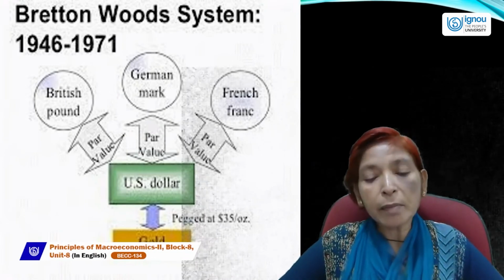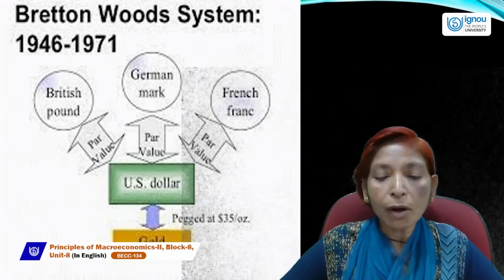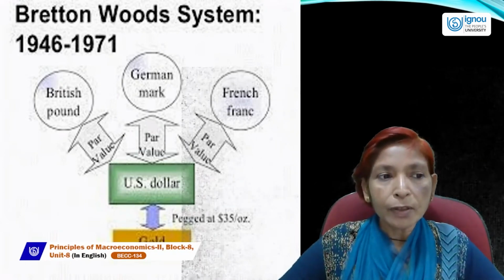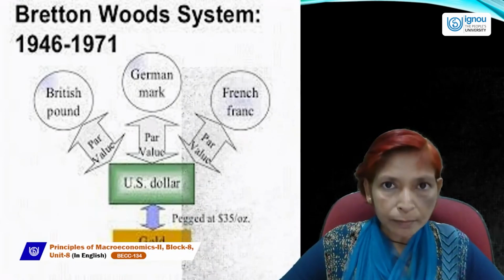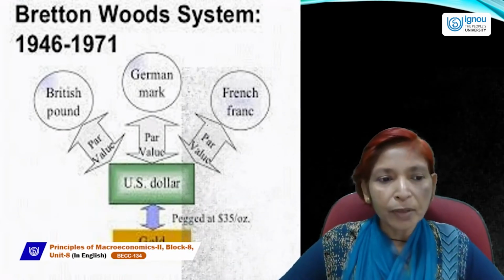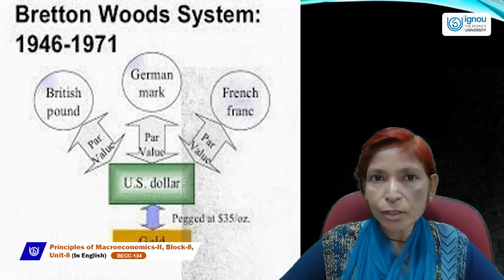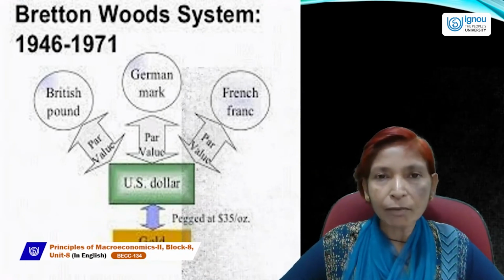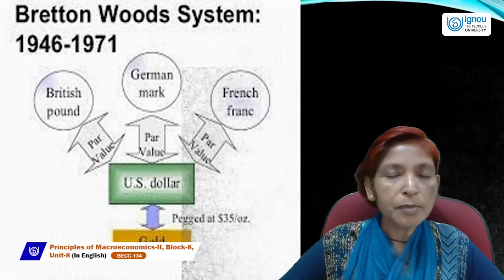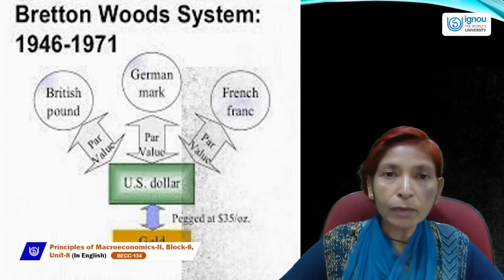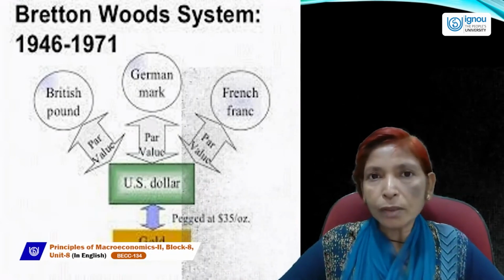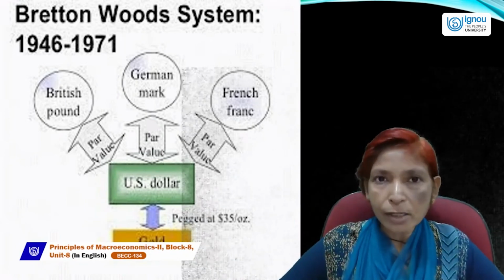For example, here the limit is $35 per ounce. So if you have British pounds, German marks, or French francs at par value, they first went to the US dollar. Then the US dollar was pegged in terms of gold, and that gold was called the standardized currency with which you can do international trade.